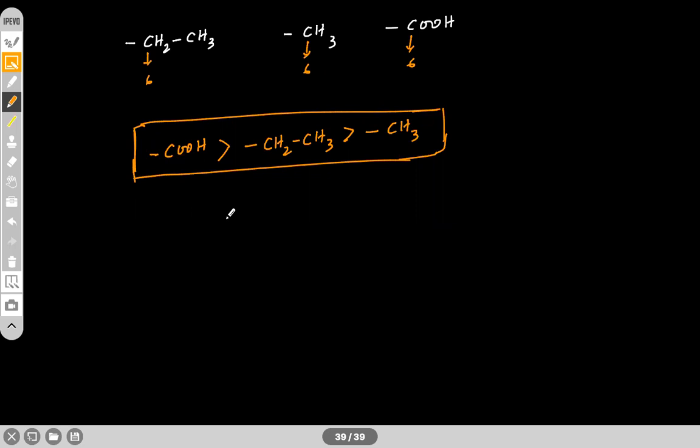Now, for example, you see, assign E and Z isomers to this. E, Z, and if possible, you can also say cis or trans. Okay. So, for example, you see, we have a double bond here.